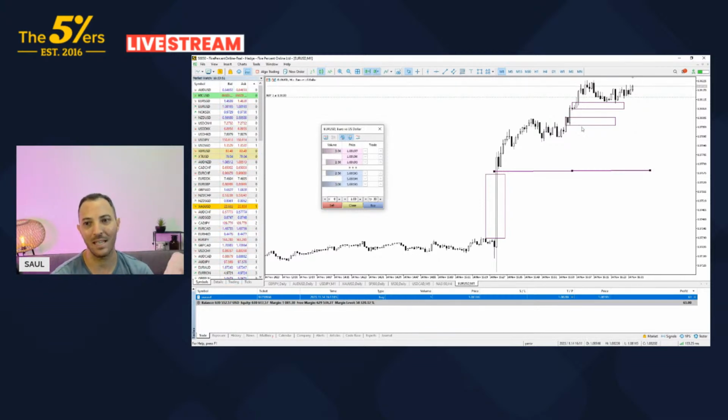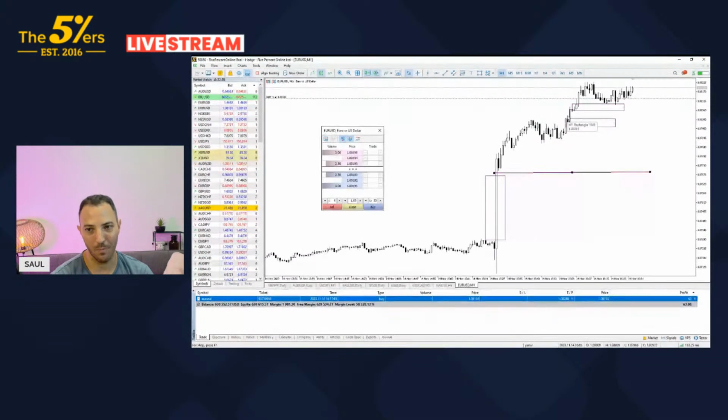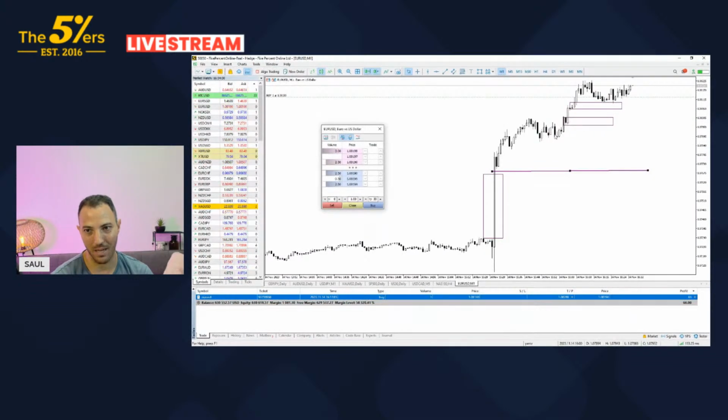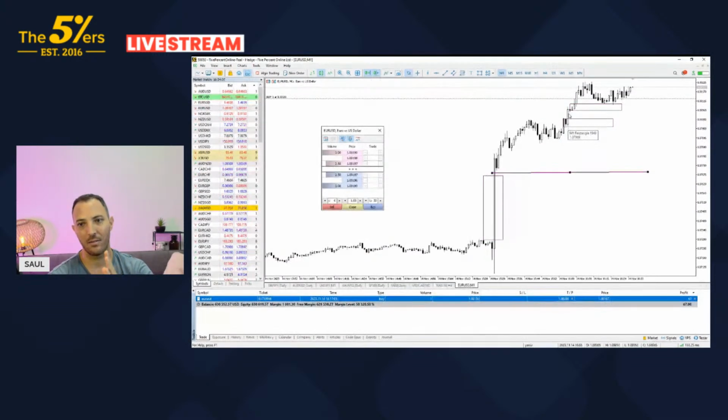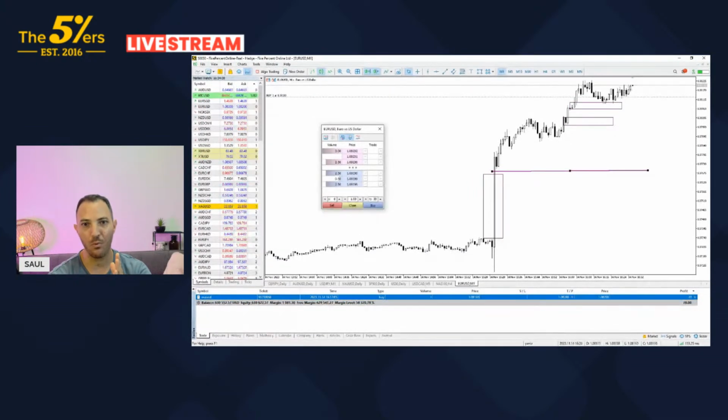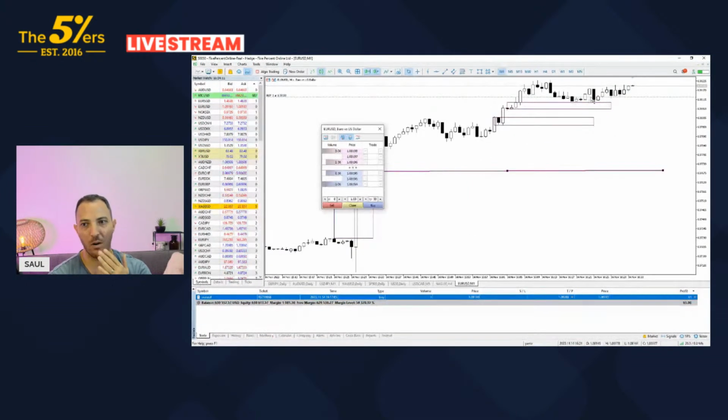Now you can see last time the price broke to the upside, back here, it came in strongly. It was a strong candle, and then the breakout. And now the way we're approaching the resistance, we have a lot of tail activity on the top part.